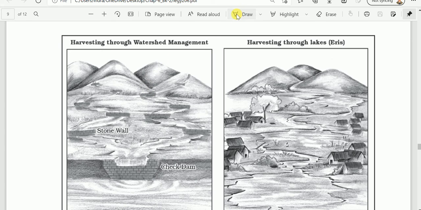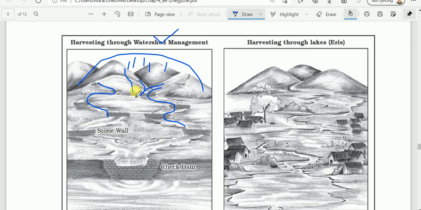So this is figure number 6.3, and here the first technique or method of rainwater harvesting is harvesting through watershed management. This is the watershed, and when there is rainfall, rainwater will be collected and flow down as a stream. Here you may be seeing a stream flowing down from the watershed, and here is also another stream flowing down from the watershed.